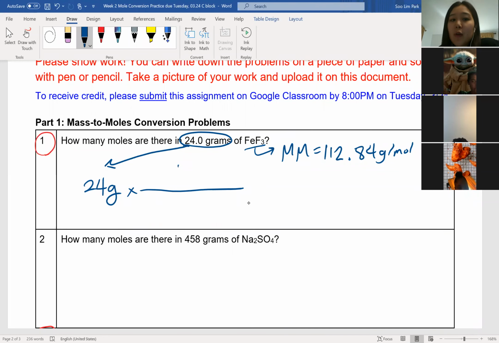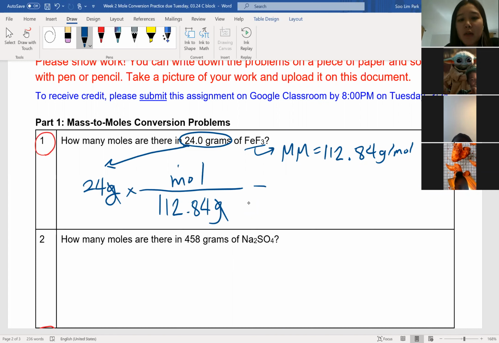So when we're given grams and we want moles, do we multiply or divide? Anyone? Divide. We're gonna divide. So I'm gonna put the molar mass on the bottom and then mole on top because we want grams to cancel out.